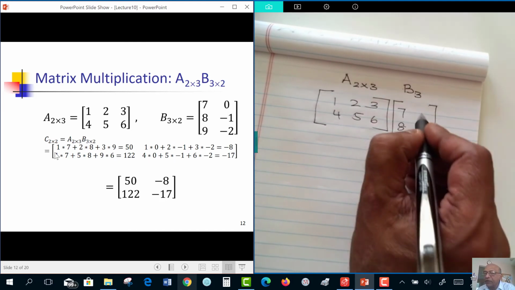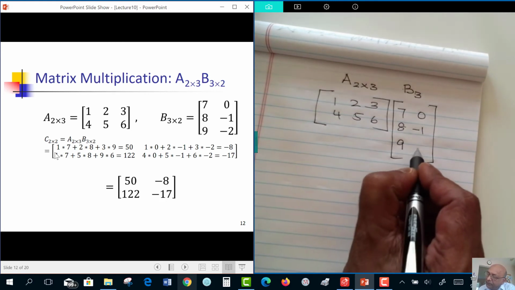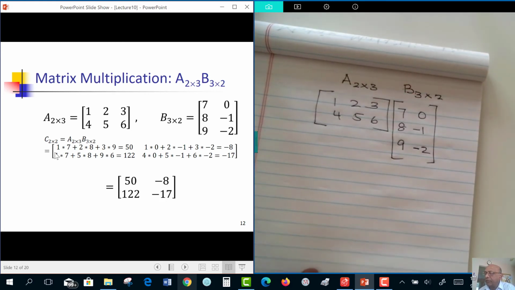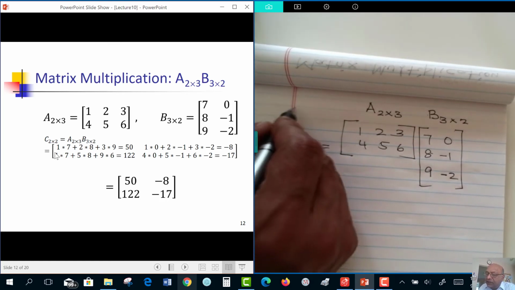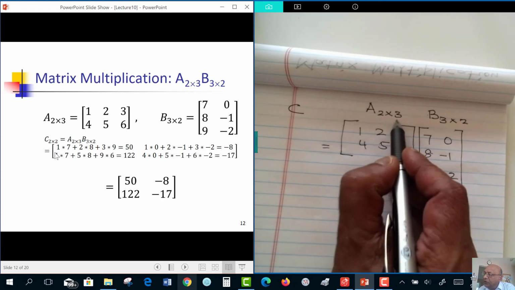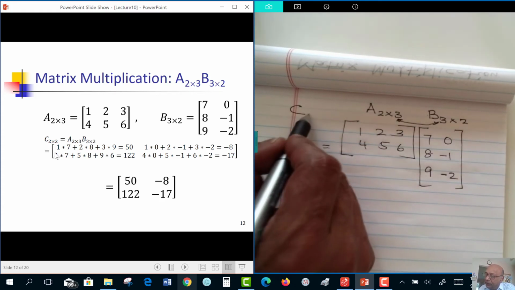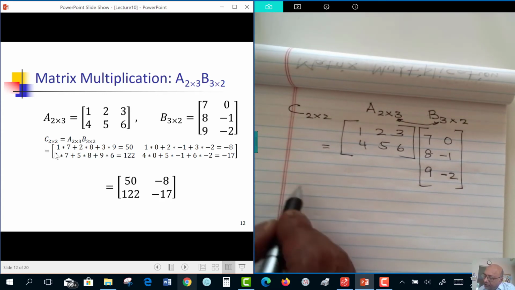It can have any number of columns, to keep it simple, let's put just one more column. So our result C would be, so this is the same, C would be 2 by 2. So let's write C.